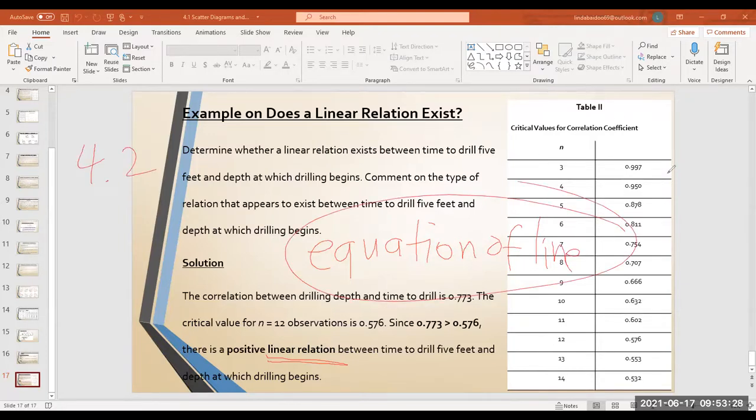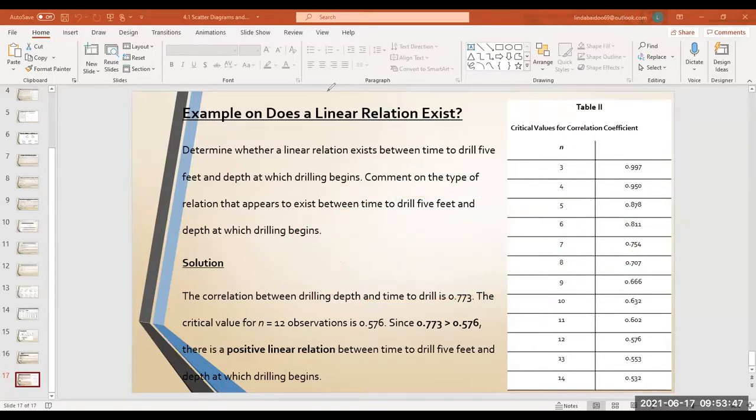In 4.2, we are revisiting what we know from elementary algebra: the equation of a line. Because now we have determined that there's a linear regression, we have to know the equation of that line, and for that you have to know your slope, y-intercept and the rest. So this brings us to the end of 4.1.